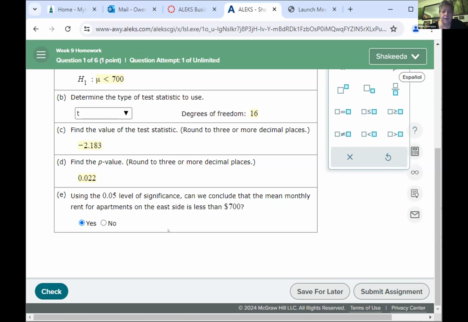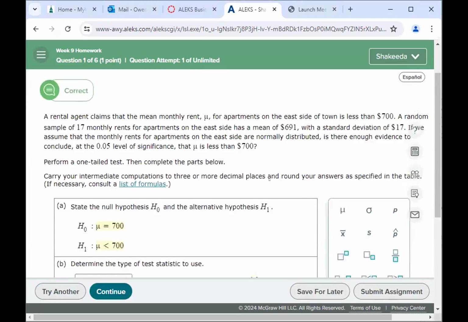So if P is less than alpha, 0.022 is less than 0.05? What's the alpha? Less than 0.05. So yes. That is definitely good.